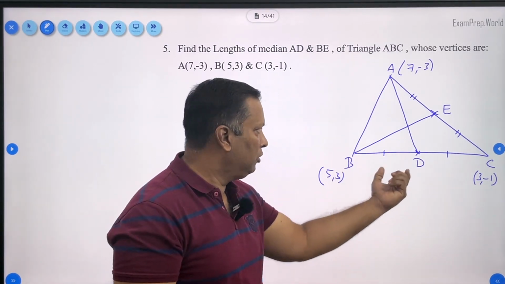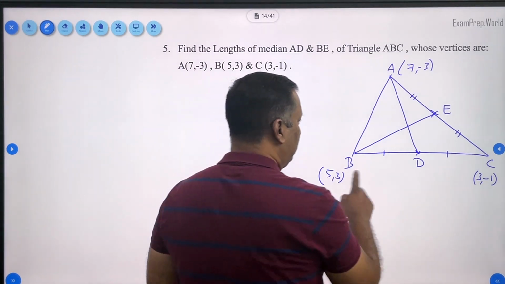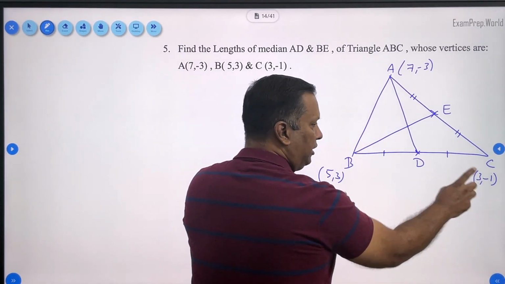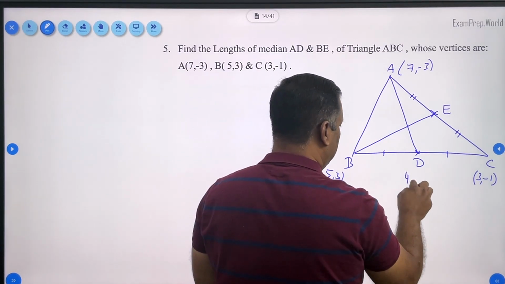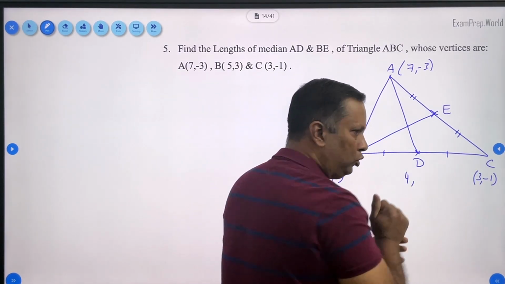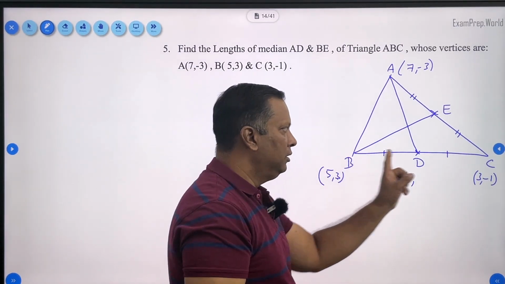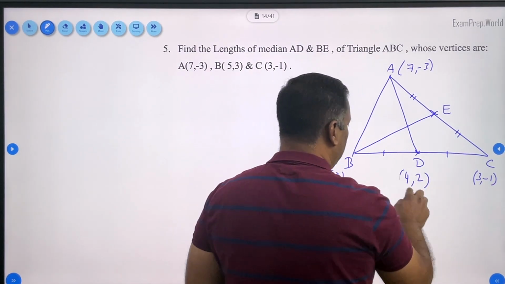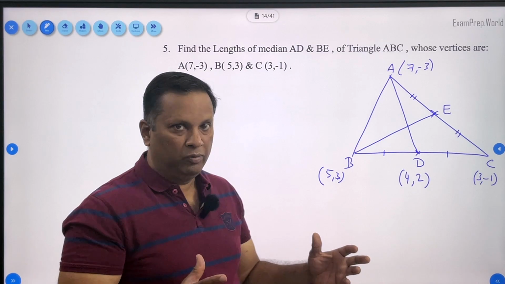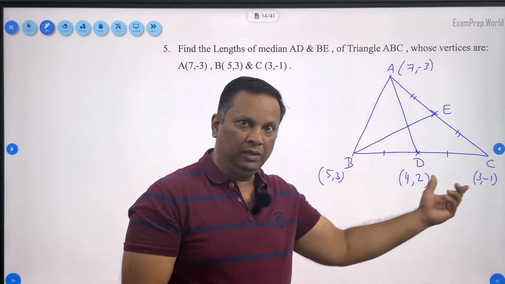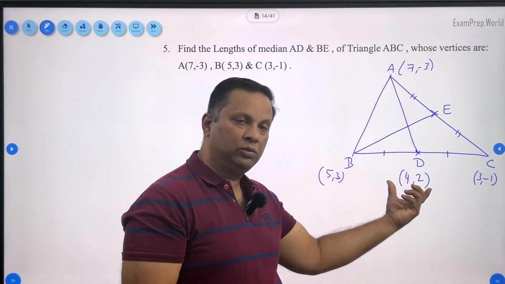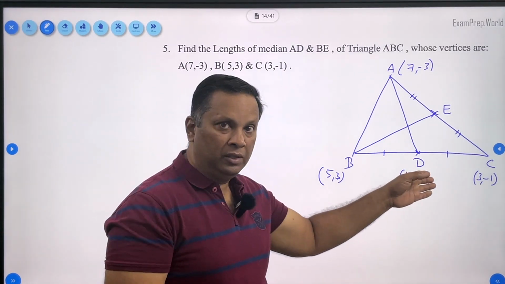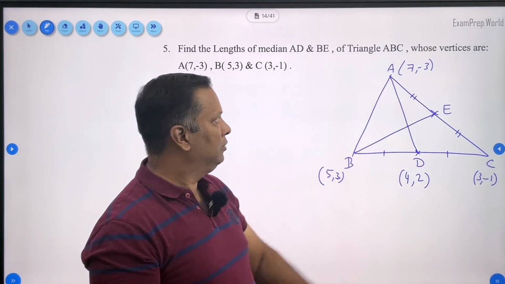Use the midpoint formula to find D. Let's do that. 5 plus 3 is 8, 8 divided by 2 is 4. 3 minus 1 is 2, 2 divided by 2 is 1. So you don't even have to write the elaborate formula. You can straight away calculate in your mind and put the value, because ultimately your task was finding this coordinate. Now you can find the length of AD using the distance formula, which we learnt in our previous video.